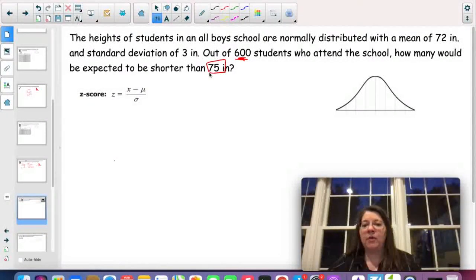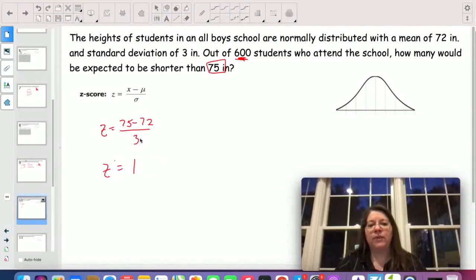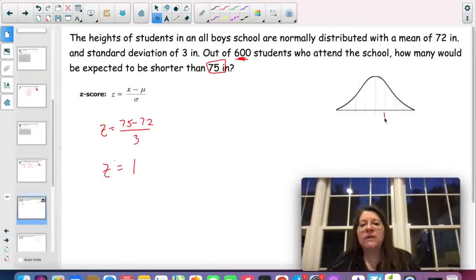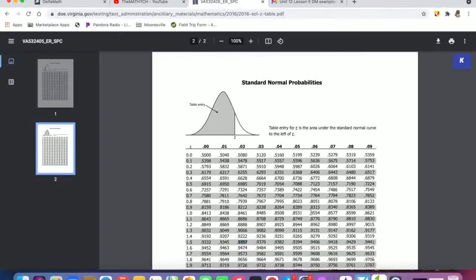That's what I'm going to find first. The z-score is 1, so it's 1 standard deviation above the mean. I'm looking up a z-score of 1.00.